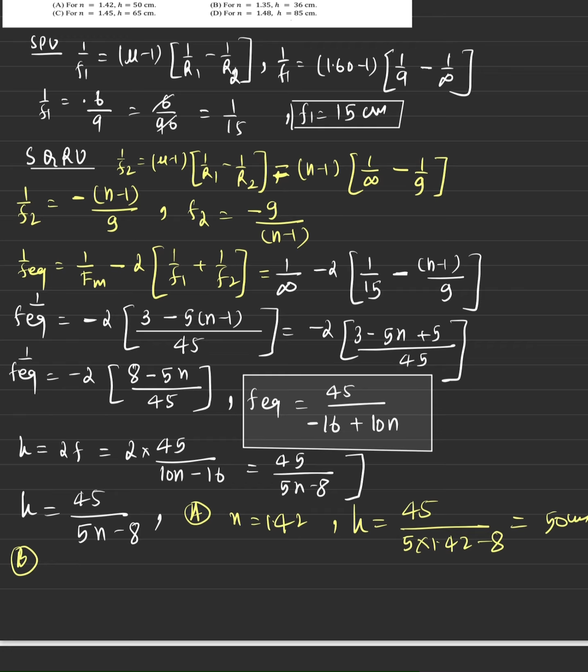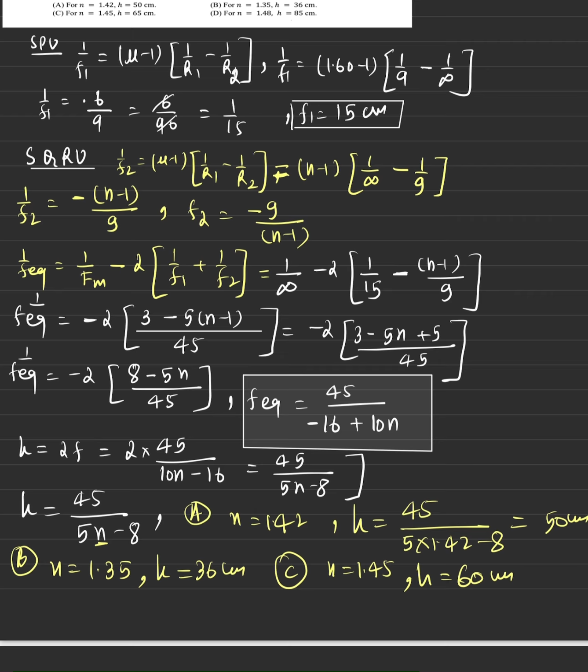Now we will check option B. If we put the value of N equals 1.35, you will get the value of h as 36 centimeter. If you check option C, the value of N is 1.45, then you will get the value of h as 60 centimeter.